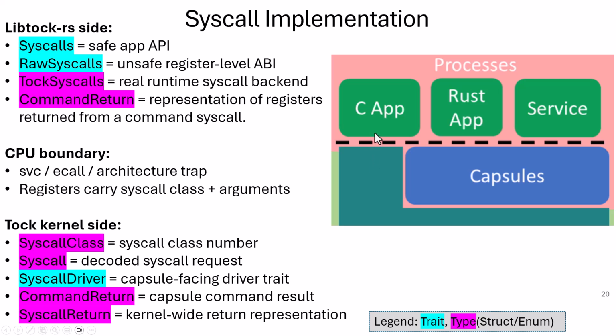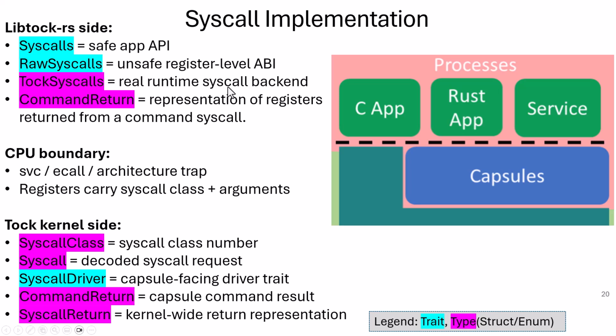For example, with the command API, one register sets who the driver is, and in the other registers it could be the command and then a couple of arguments. That would be defined by these traits.